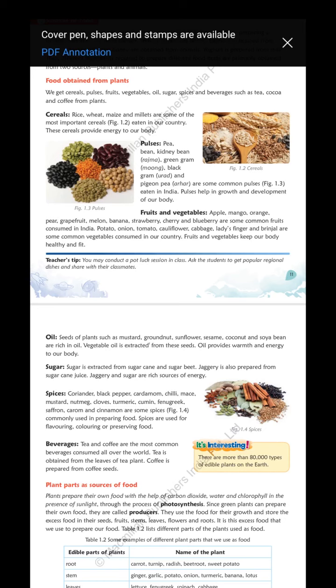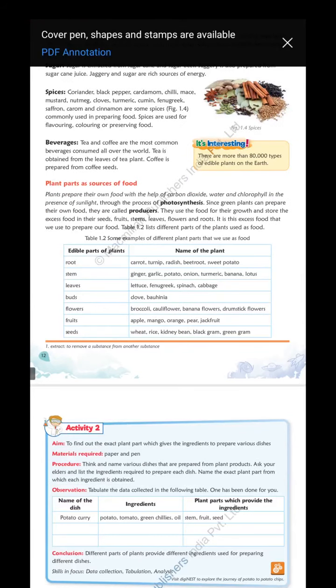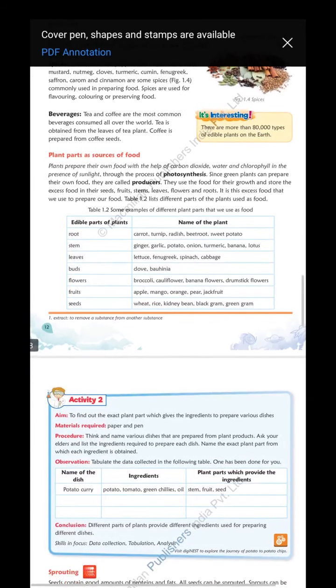Leaves of some plants, like bay leaf, we are using, and those give speciality. Coffee seeds and coffee powder we are getting. So in that manner we can observe beverages. Naturally we are getting coffee seeds and tea powder, from tea leaves and coffee seeds.